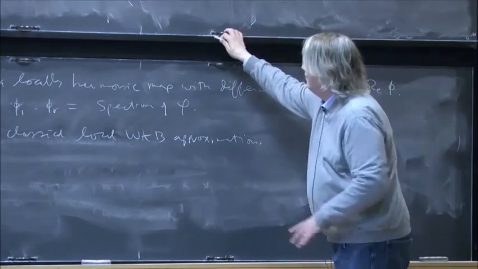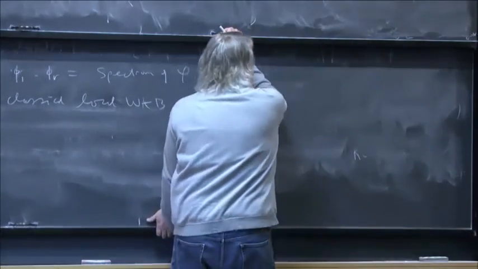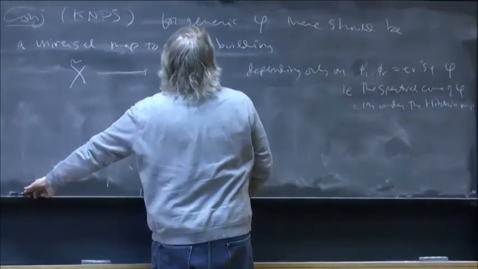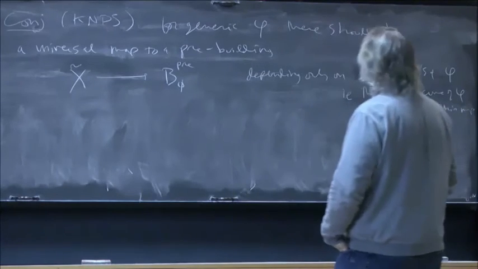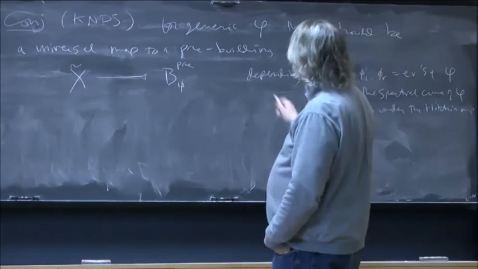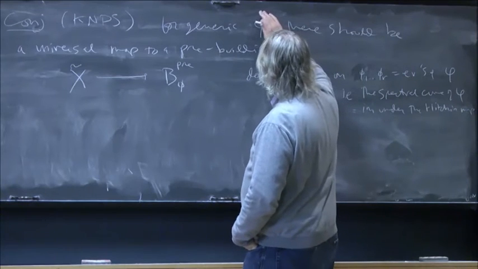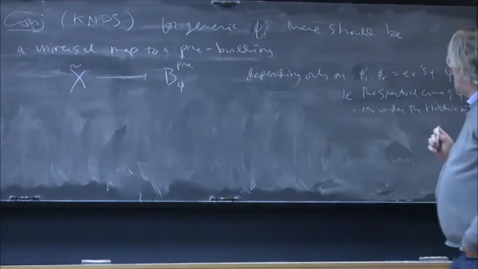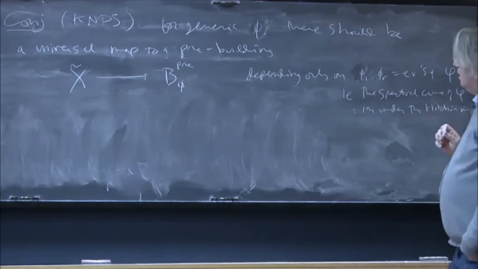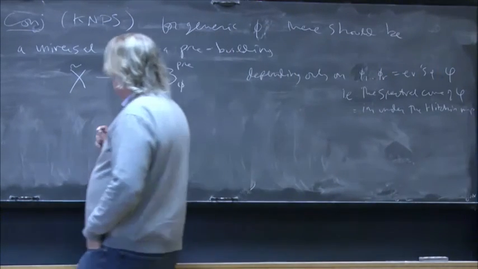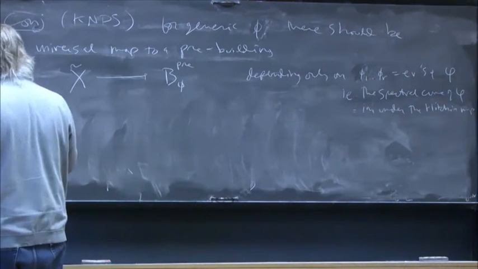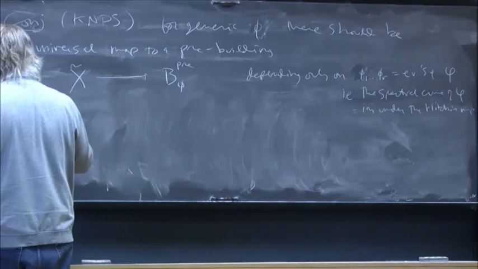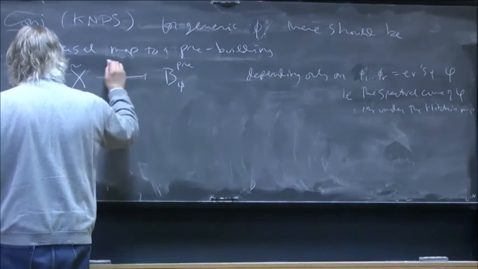So I'm sorry, I'll be covering this board. I guess I'll put this up here. So the conjecture is that for a generic, just say spectral curve phi, there should be a universal map to a pre-building. Call this H phi.